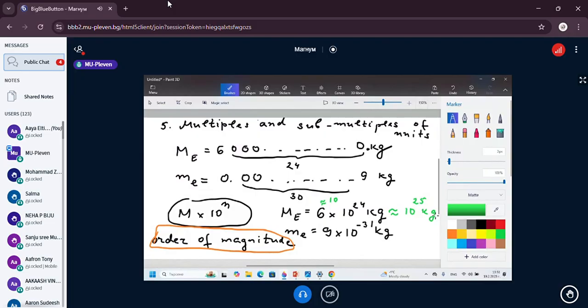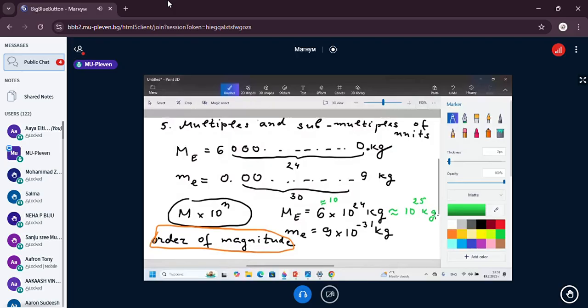So thus, if there is a question, what is the order of magnitude for the mass of Earth? The answer is 10 power 25 kilograms, to express the magnitude just in terms of powers of 10.